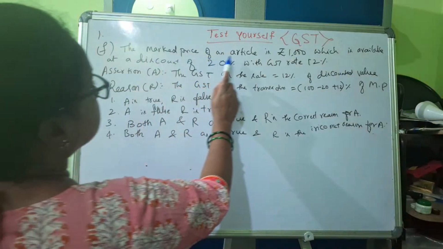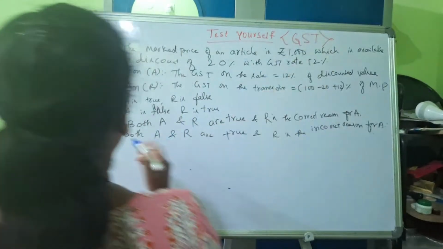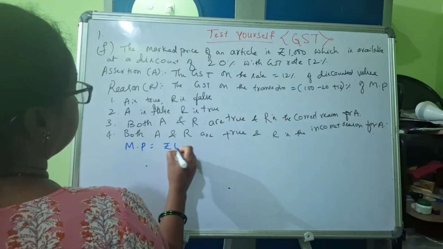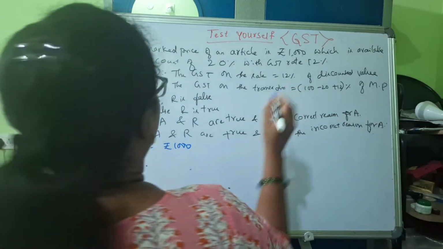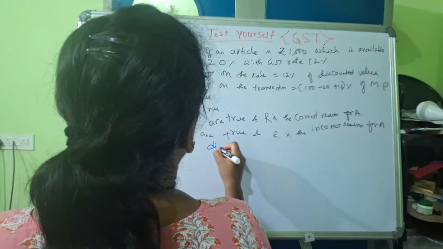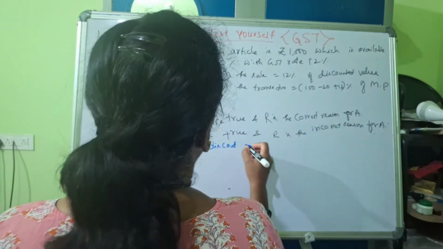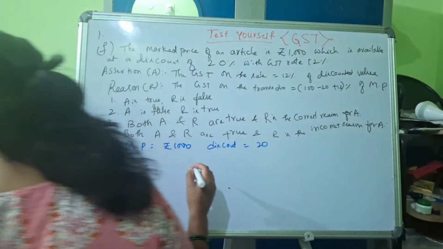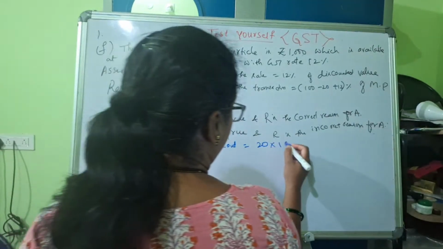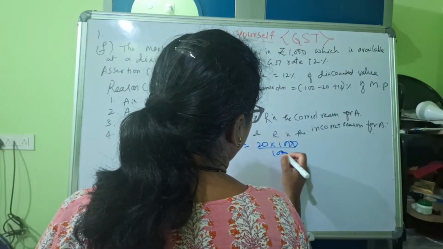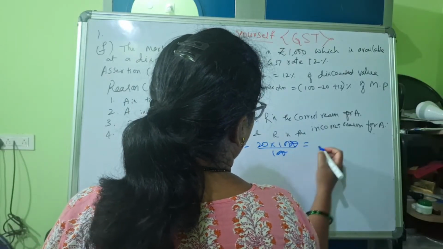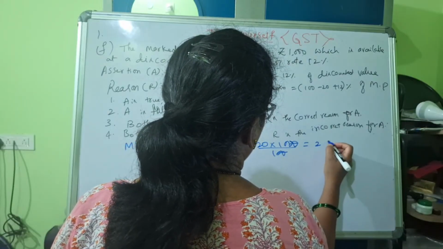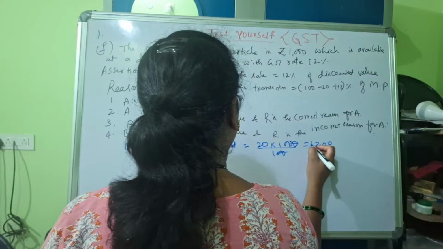The market price of an article is rupees 1000. So market price is equal to rupees 1000 and discount is equal to 20%. That means 20% of 1000, which is equal to 200.